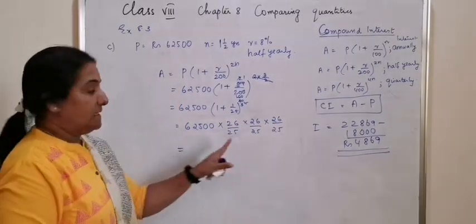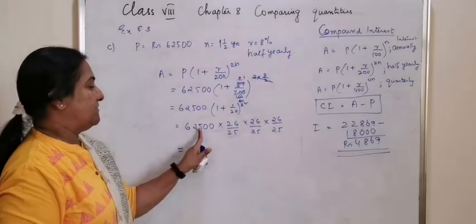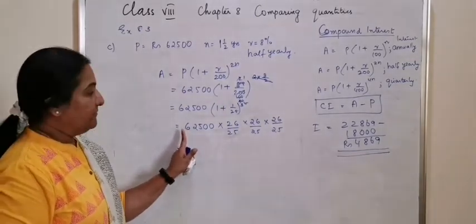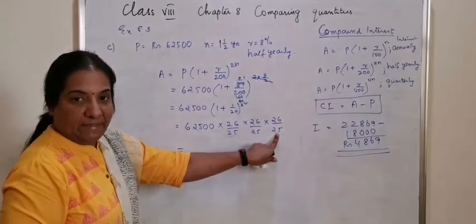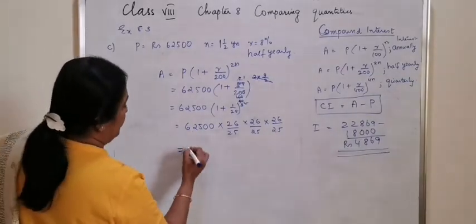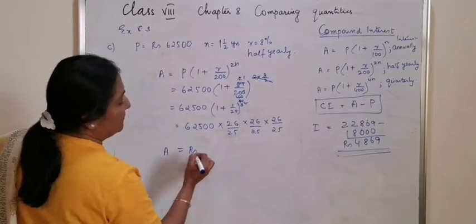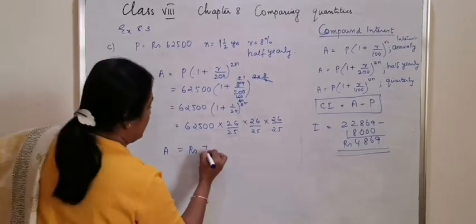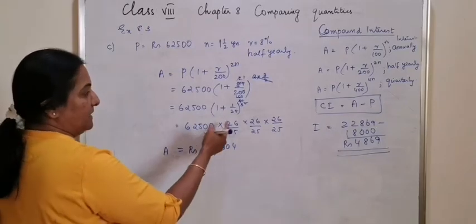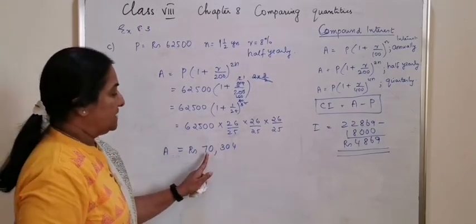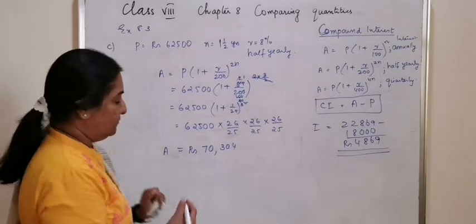You can cancel, you can simplify 25 into 25 as 625, and then you can again simplify the remaining 100 with 25, and you will be receiving the amount, after calculation, as rupees 70,304. You can multiply and divide and you will get the answer as 70,304.